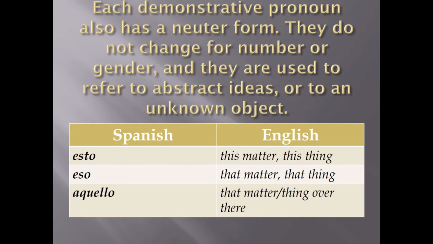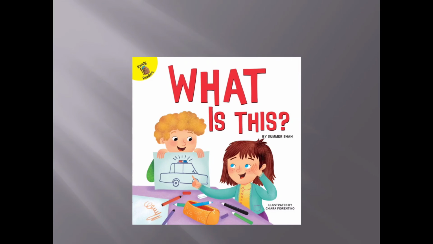Now, to illustrate, the girl is pointing at something and asking the boy, what is this? In Español, this is translated as ¿Qué es esto? Meaning to say, the girl is asking about an abstract idea or an unknown object.